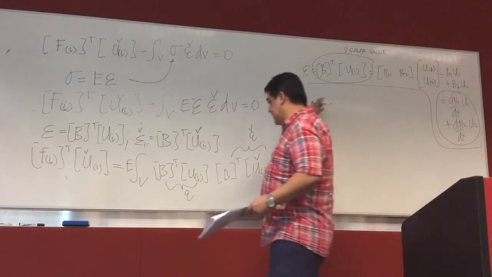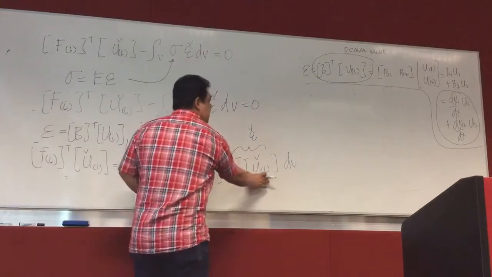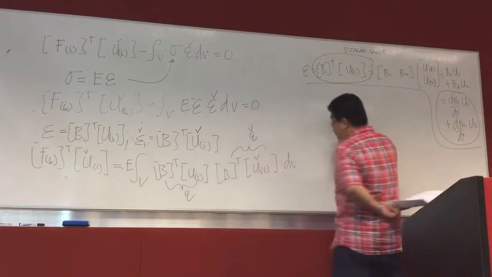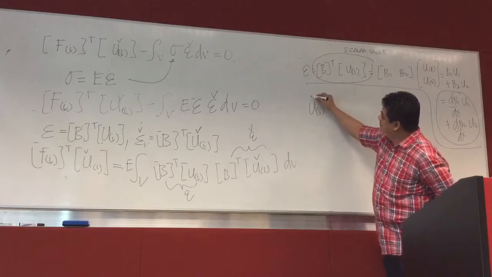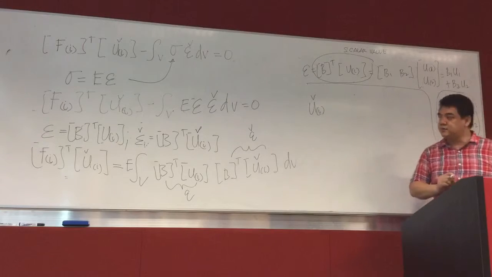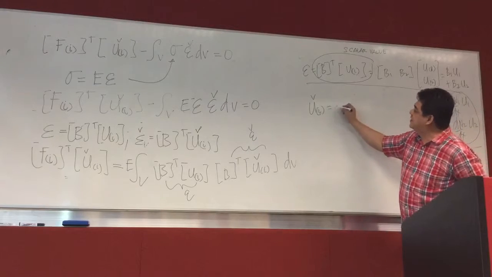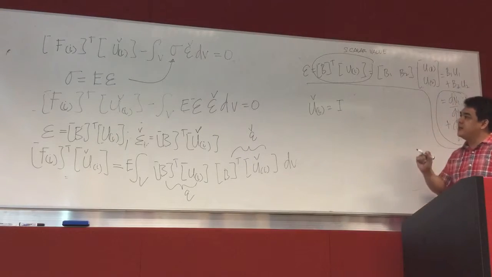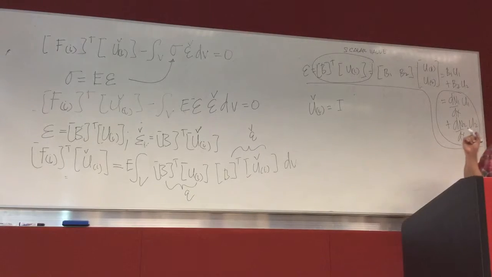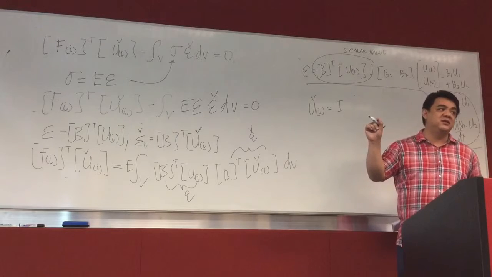So if that's a scalar value, this is a scalar value. Let's try to work on your virtual displacement. So your virtual displacement is just a simple identity matrix. Depending on the number of degrees of freedom, that will be the size of your identity matrix.